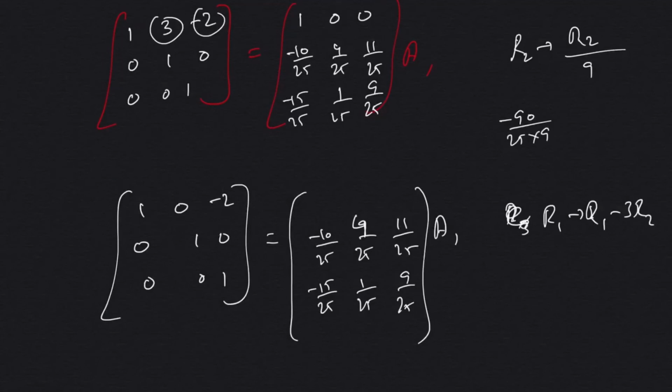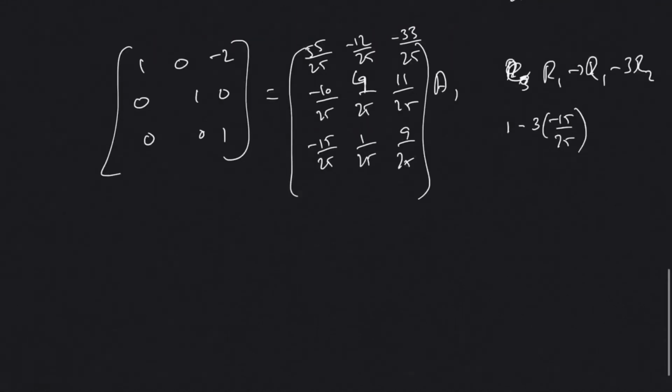By applying the same operations, that is R1 minus 3 times of R2. So R1 minus 3 times of minus 15 by 25. So you do the math, you will have 55 by 25, minus 12 by 25, minus 33 by 25.